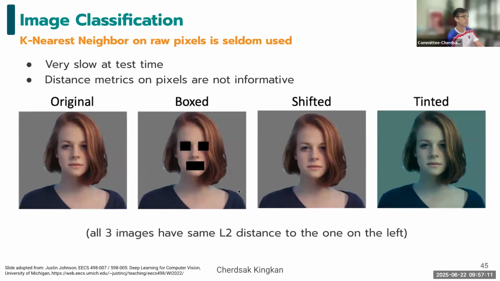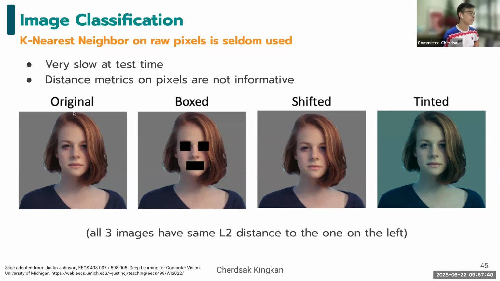And the k-nearest neighbor is not very often used on raw pixels for classification, because first, it's very slow at test time. And the distance metric on pixels is not very informative. If you look at these three images, they have the same L2 distance.